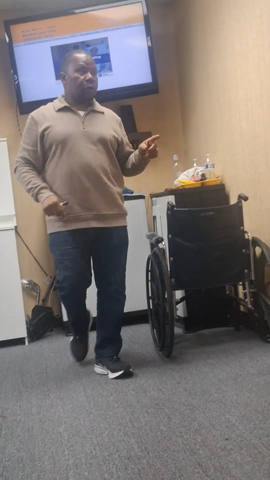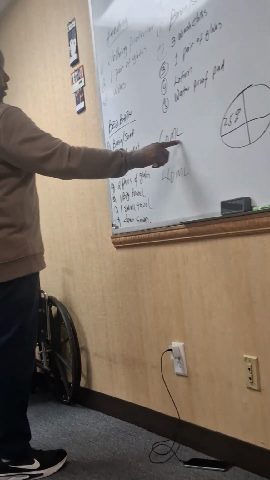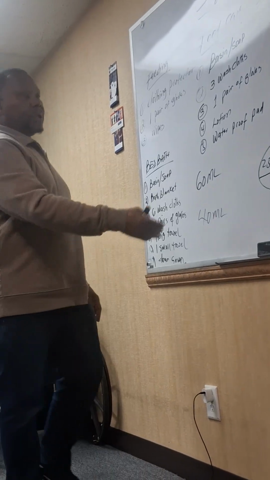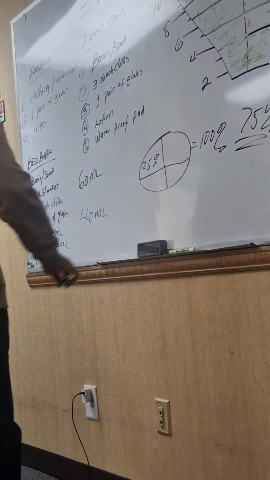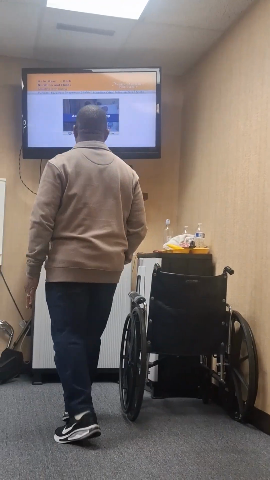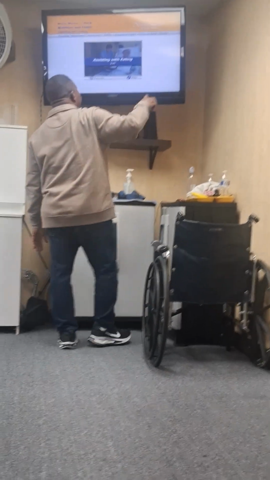Liquid will always be recorded in milliliters. Solid food in percentage when you record your intake. Very good. Any question or confusion about anything I just explained?